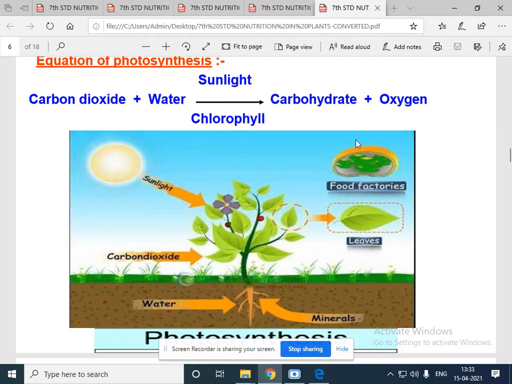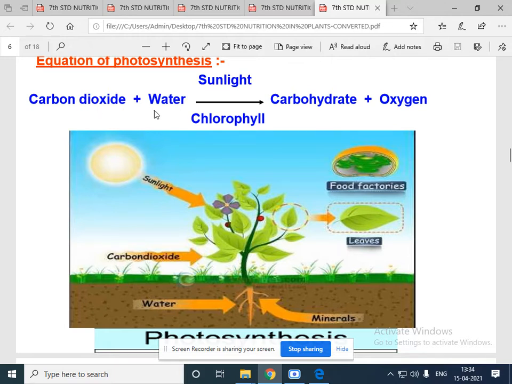Right? So when we talk about this equation, the things I have given show which materials are used by plants in the presence of what, and after using all this, what output we get. This is the equation of photosynthesis. First is carbon dioxide plus water, and minerals are also covered under water only, right?